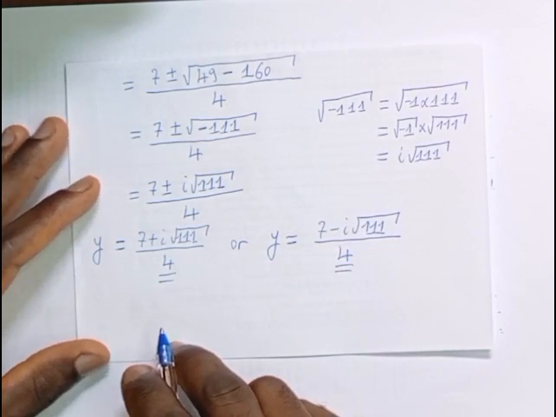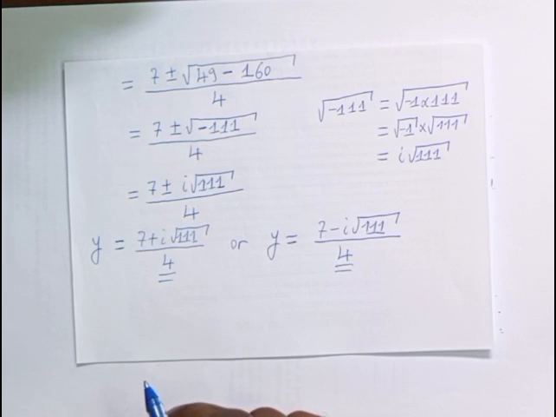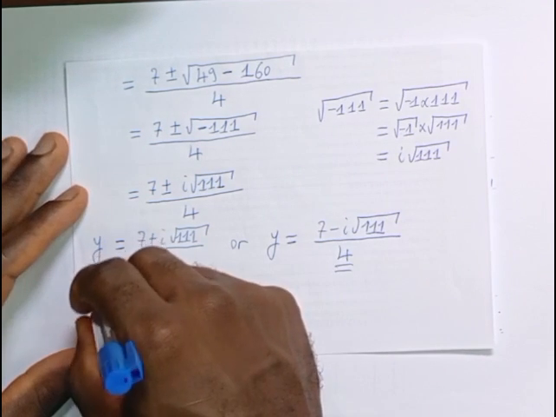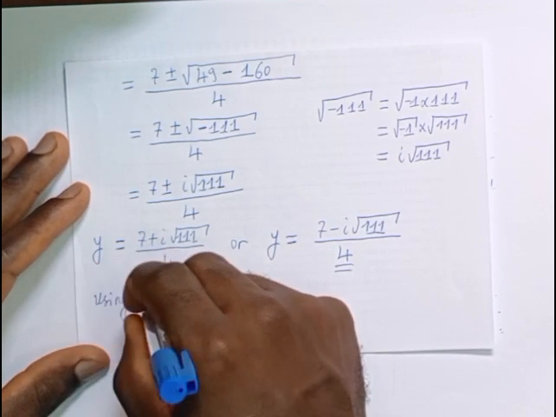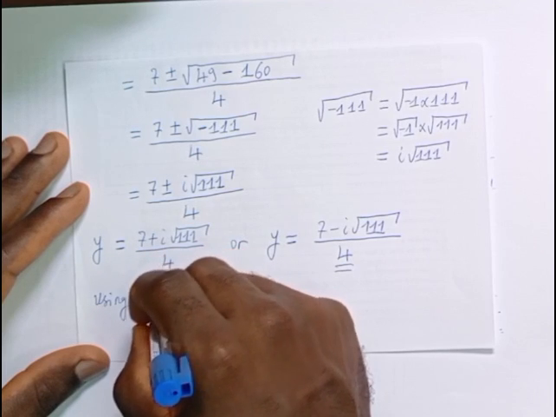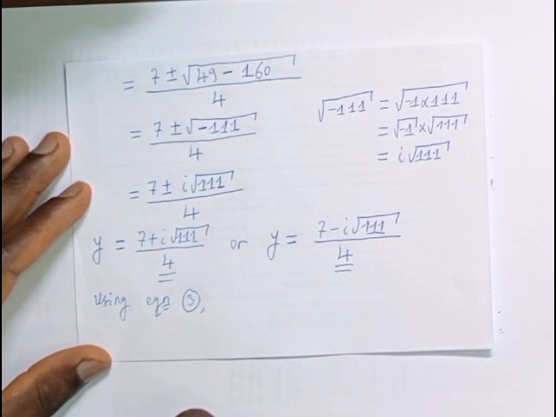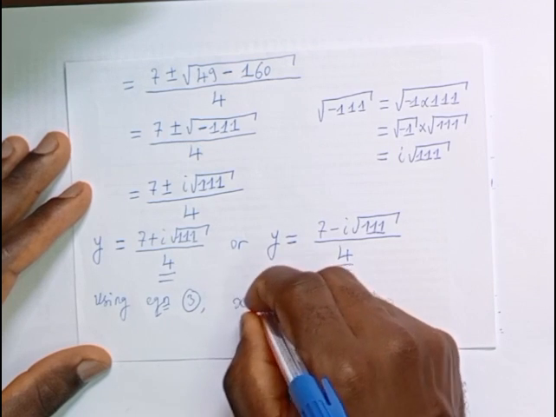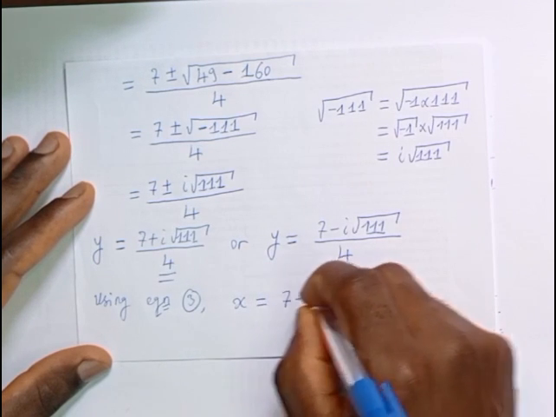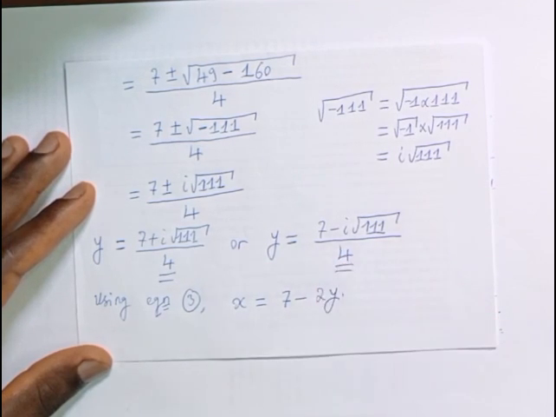Knowing the two values of y, it is very easy for us to find the values of x. We are going to make use of equation 3. Remember equation 3, we have x equal to 7 minus 2y.